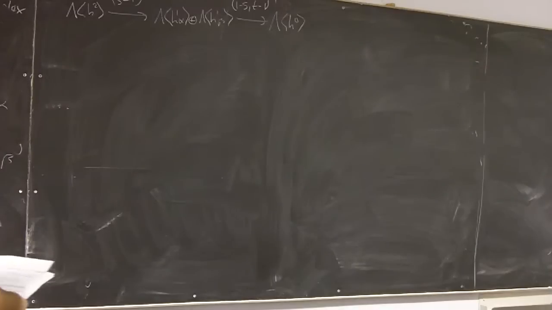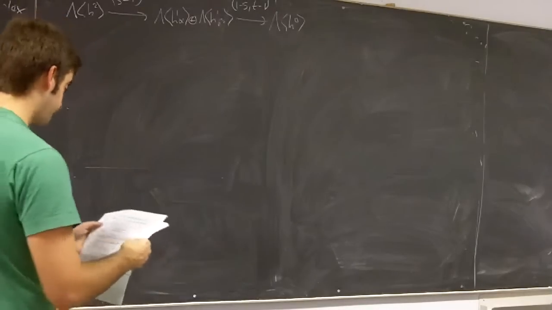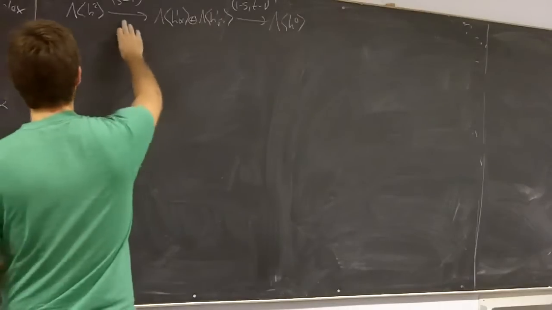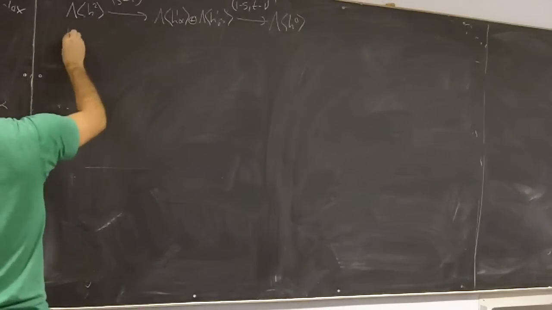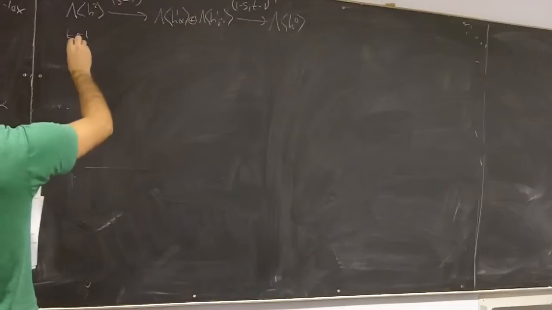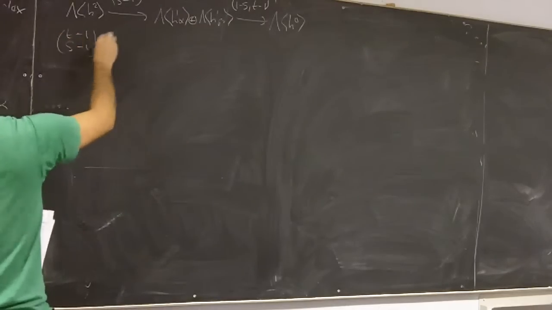So let's compute the homology of this chain complex. First we look at this map. I claim that T - 1 and then hence S - 1 is injective.